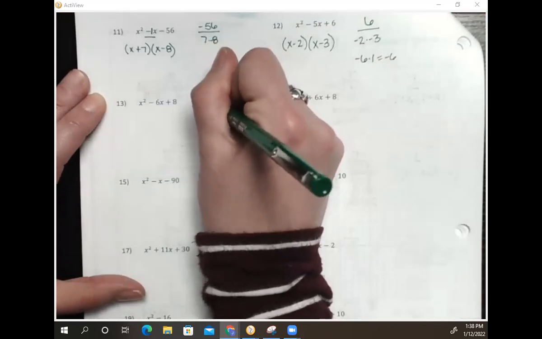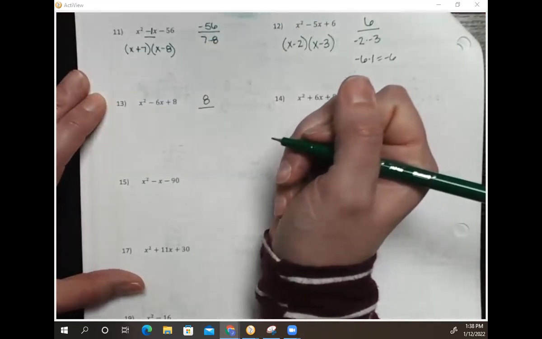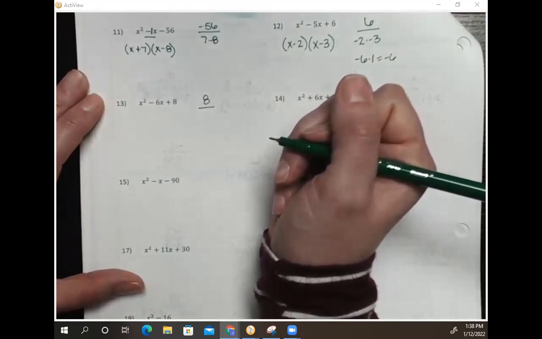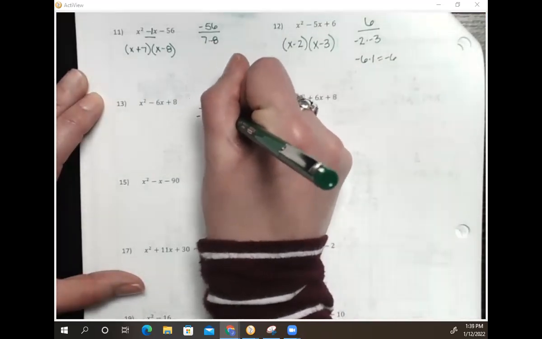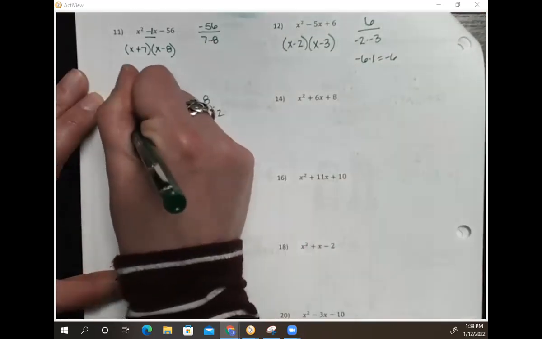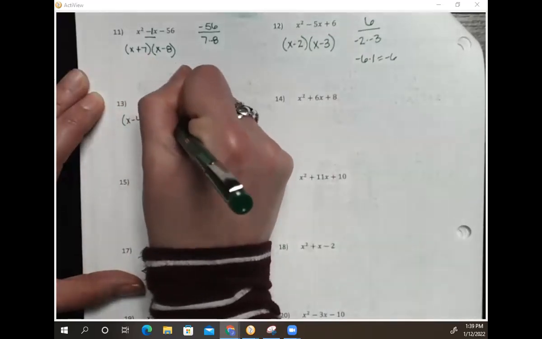Number 13, factors of 8 that add to negative 6. What multiplies to give me 8, but would add to negative 6? I had negative 4. Negative 4 times negative 2, that will work. This is x minus 4 times x minus 2.